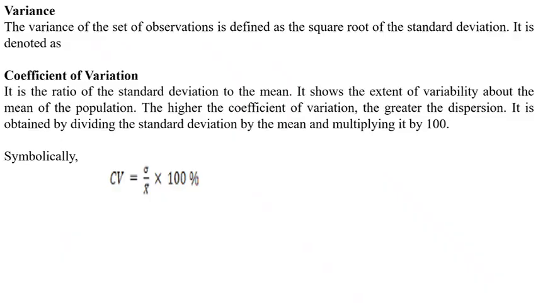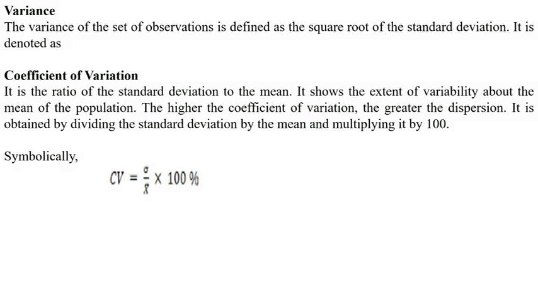So now variance. The variance of a set of observations is defined as the square of the standard deviation. Once we estimate our standard deviation and square it, we get our variance. We have the coefficient of variation. Coefficient of variation is another statistical tool for measuring dispersion. It is the ratio of the standard deviation to the mean.